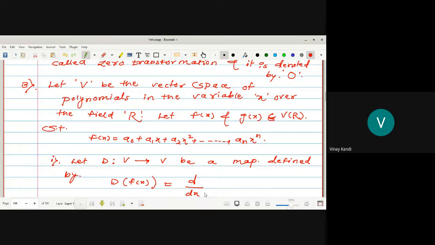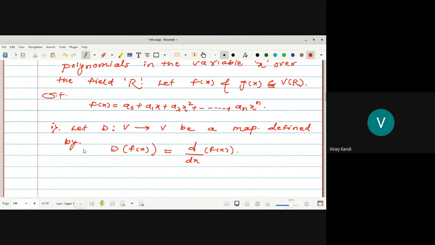So we have to find the derivative of that function. What is D? D is the differential operator here. So we have to find the D image of this polynomial, that is, find its derivative.